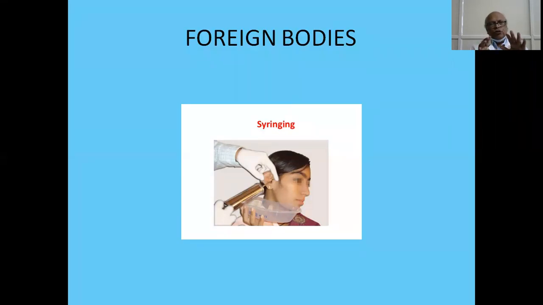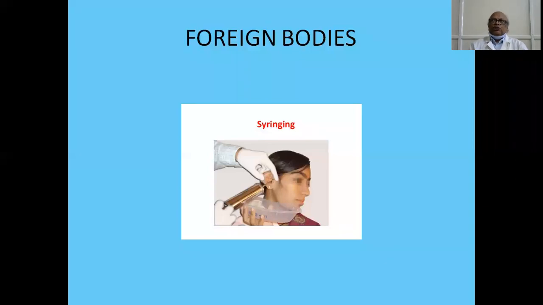If you use hotter or colder than this, it induces convection and conduction currents inside the inner ear fluids. Patient will have an attack of vertigo. So to prevent that, we always use water at the body temperature.